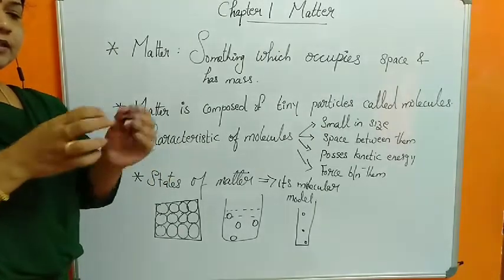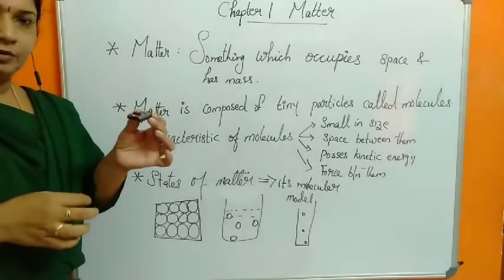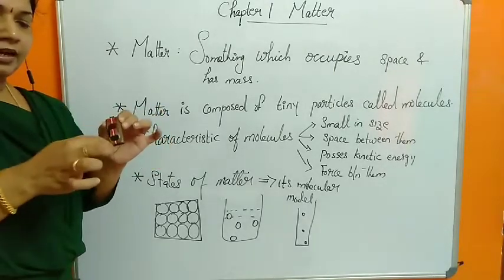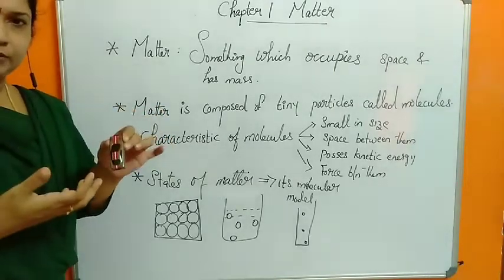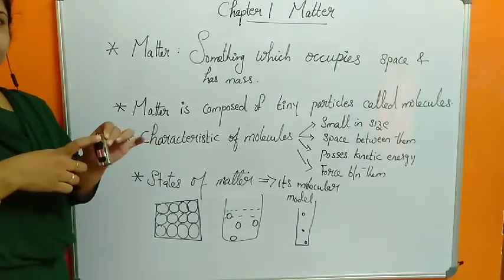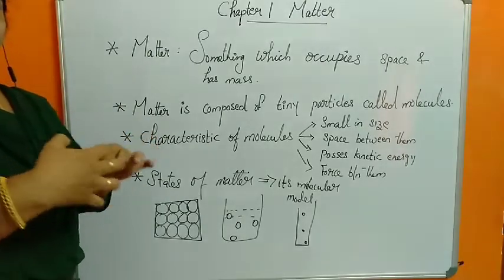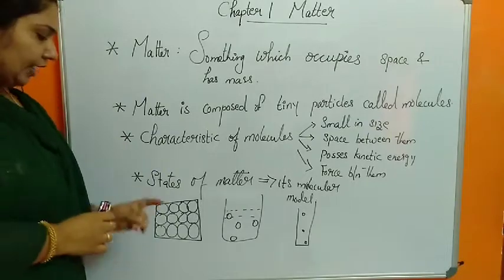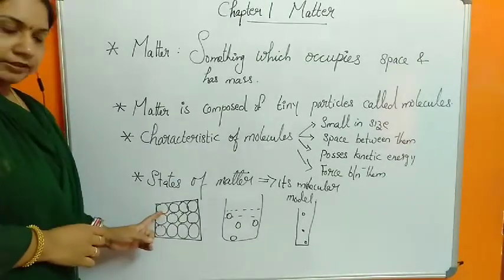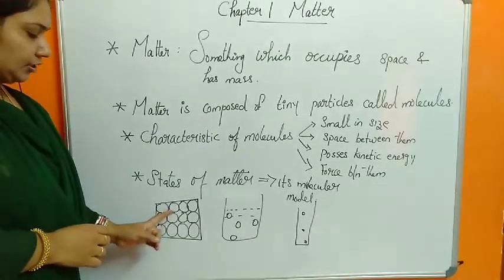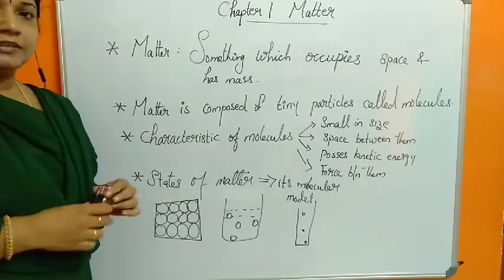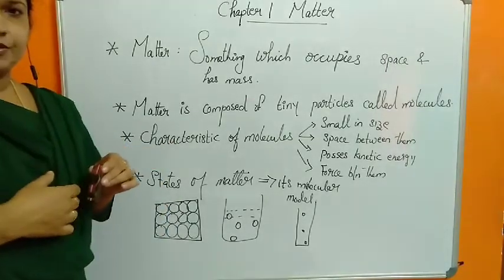You can see this car, this is a solid object. The entire car has millions of molecules inside, but these molecules are not allowed to move because they have the least separation, the least distance between the molecules, as well as maximum force of attraction.